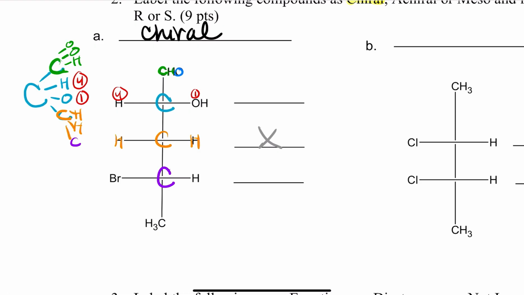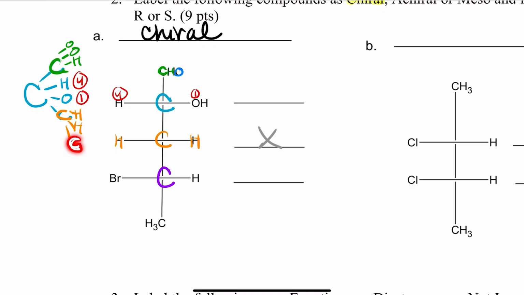So we see, because we're only comparing this and this right now to figure out who's number two. So who's higher priority? A carbon connected to two oxygens and a hydrogen is definitely bigger and heavier than a carbon connected to only two of the lightest elements, hydrogen and a carbon.